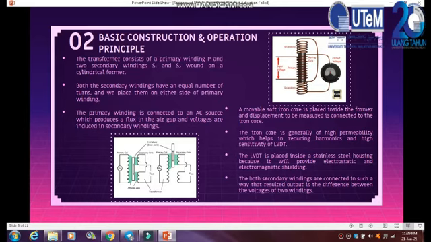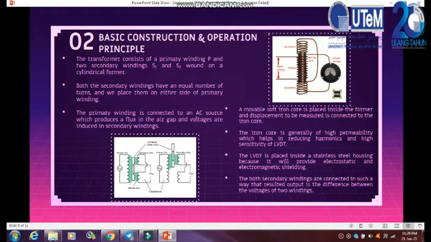The iron core is generally of high permeability, which helps in reducing harmonics and gives high sensitivity to the LVDT. The LVDT is placed inside a stainless housing because it provides electrostatic and electromagnetic guidance.